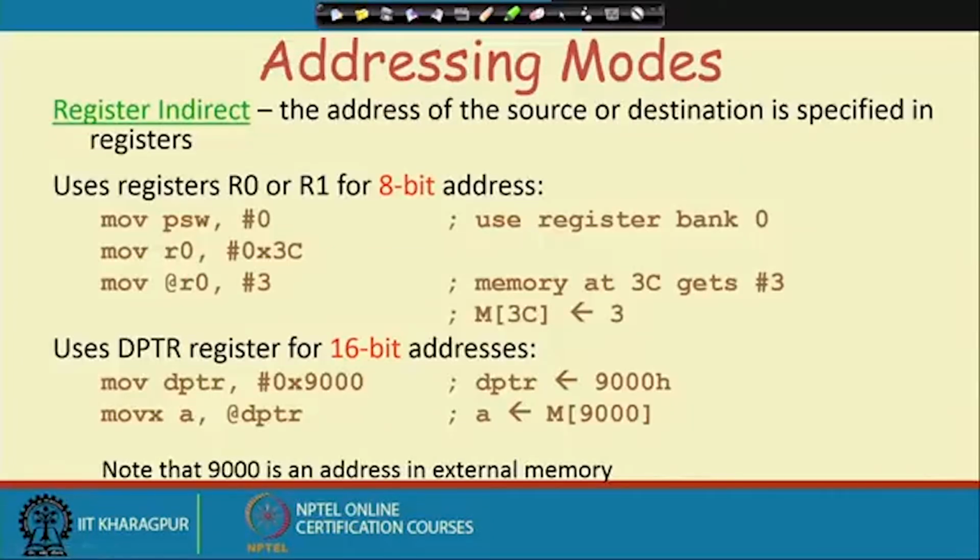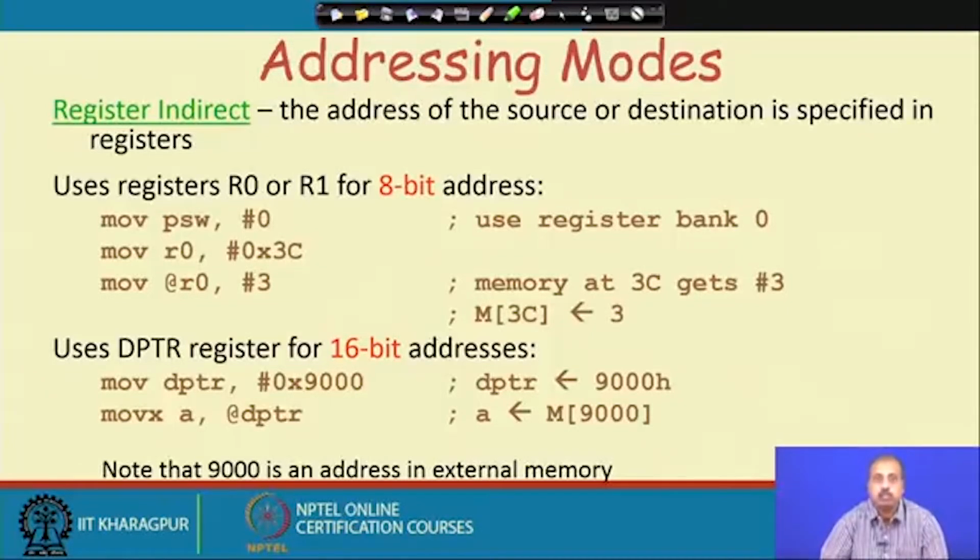You can use the register indirect mode, where the address of the source or destination is specified in registers. For example, MOV PSW, #0 sets the usage of register bank 0. Then MOV R0, #3C hex, so R0 gets the value 3C. Then MOV @R0, #3 puts the value 3 there.